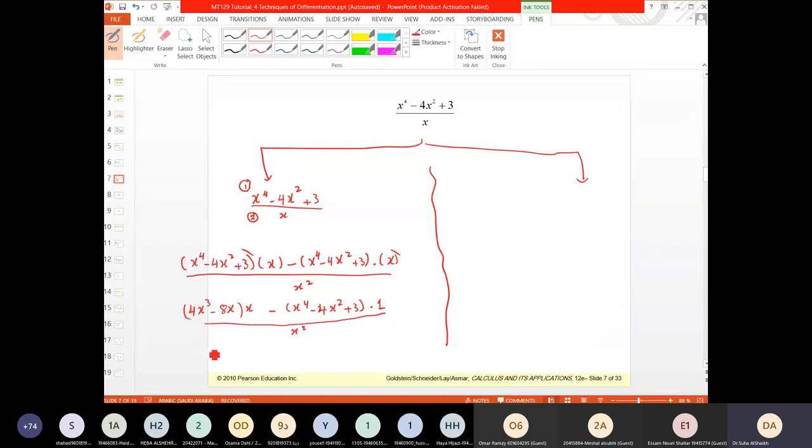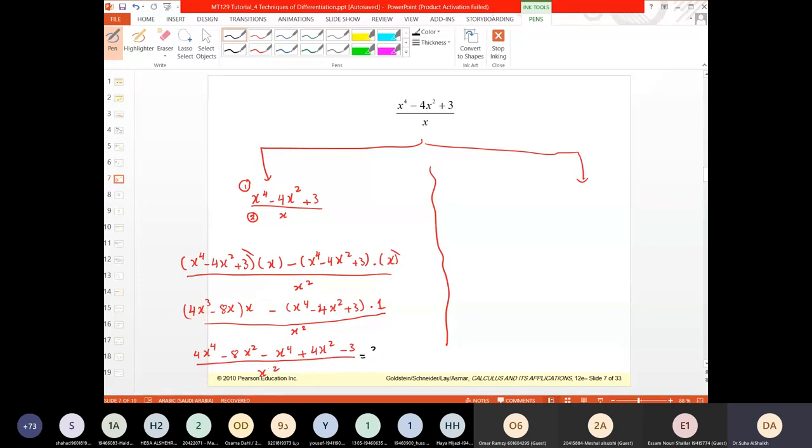We simplify it. This will be 4x^4 minus 8x squared minus x^4 plus 4x squared minus 3, all divided by x squared. We have a simplification here. I have x^4 and 4x^4, and here I have minus x^4.